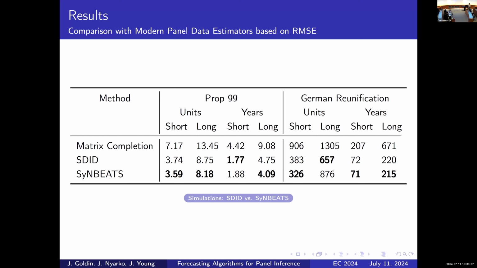But under interactive fixed effects model simulations and a bunch of other real world calibrated simulations, we saw that our method ended up doing a little bit better on these placebo tests.